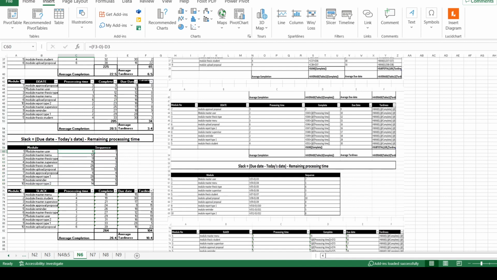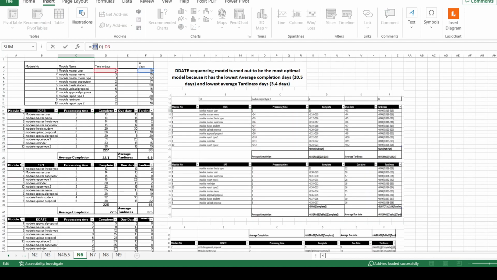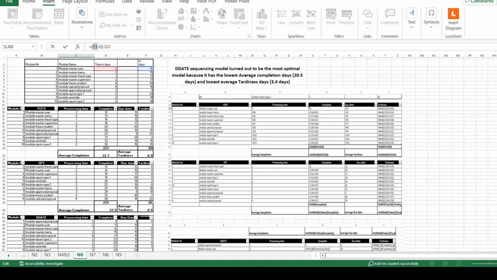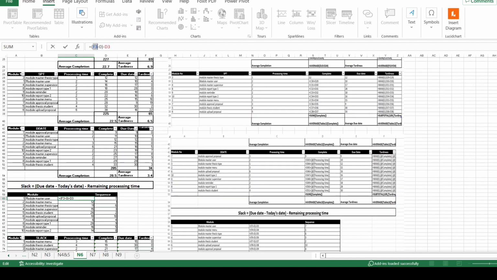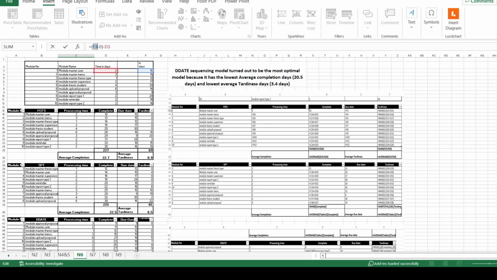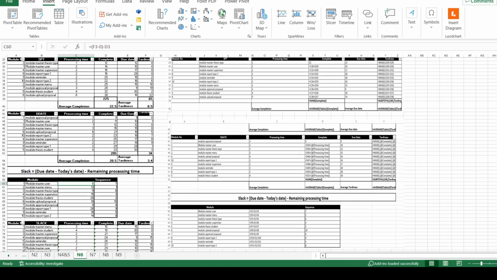This is the due date, F3, minus 0, where 0 is today's date, and then minus D3, the time in days. So I just minus the remaining processing time from the due date, and I get this.